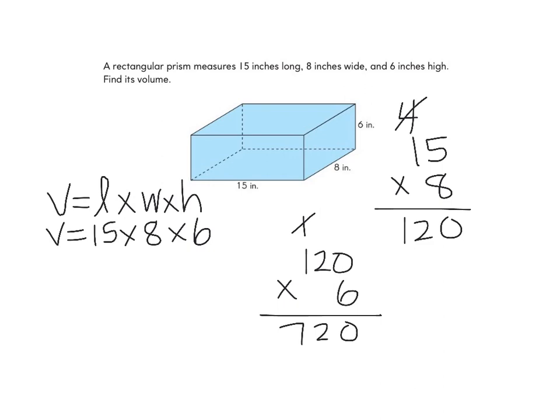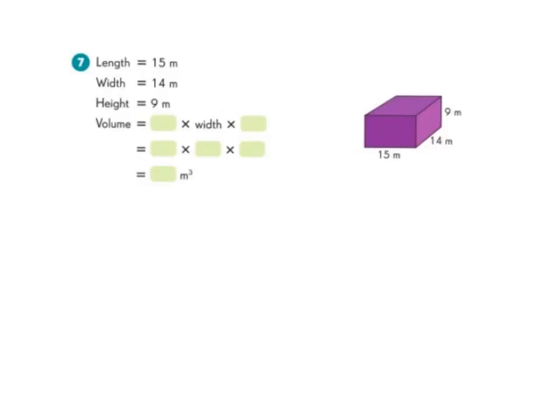So our final answer would be that the volume equals 720 cubic inches. So remember, when we're dealing with volume, our units are going to be cubic. And so you can either write out the words cubic inches, or you can use the little 3 up high, and that will signify that it's cubic.